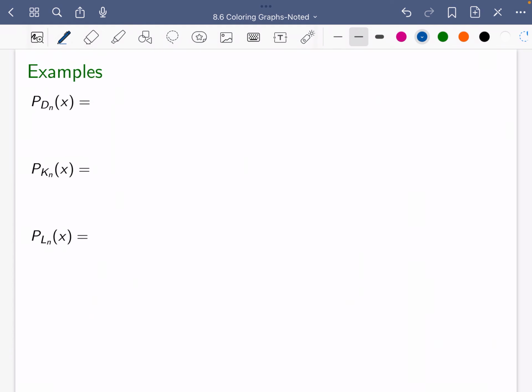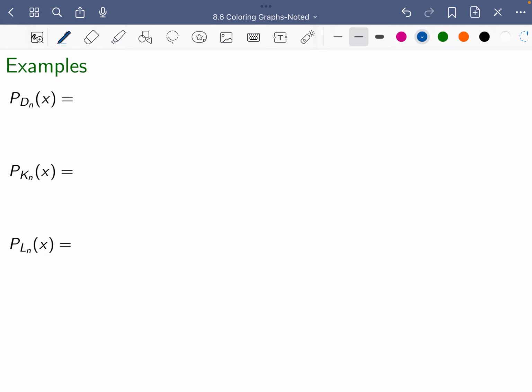If we were to look at the chromatic polynomial for our discrete graph on n vertices, a discrete graph on n vertices, again, is just n distinct points.